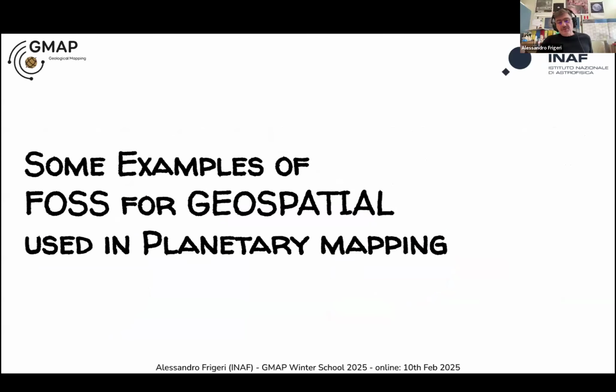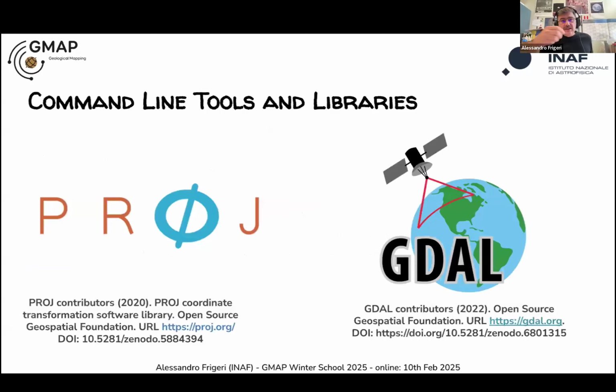Let's see some examples of FOSS for geospatial using planetary mapping, which is the main focus of our school. Maybe some of you will never use these because they are command line tools and libraries, so they are working behind the scenes, but they are really important. PROJ is a software library that is used to do the projection. So Giacomo's talk before, all the computation there was made with PROJ.